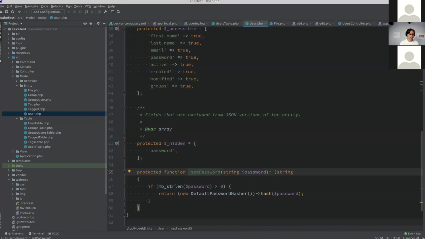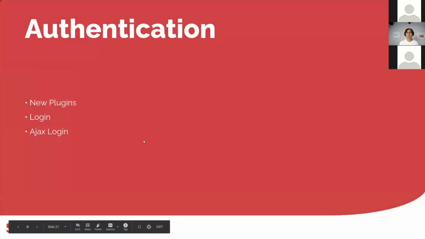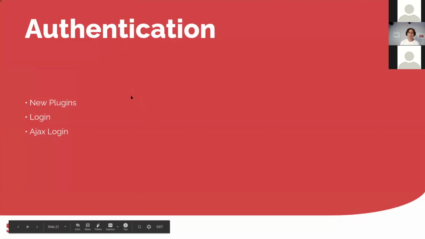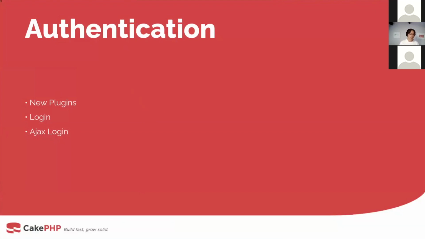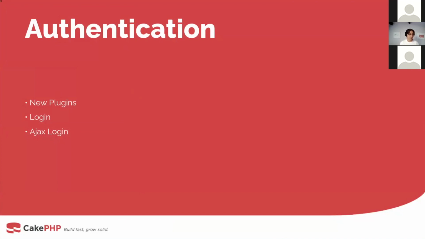And then we are able to start dealing with authentication, right? Because the objective of hashing those passwords is to allow the configuration of the authentication plugin so we can actually log into the application, right? So far, so good. Let me keep going here.